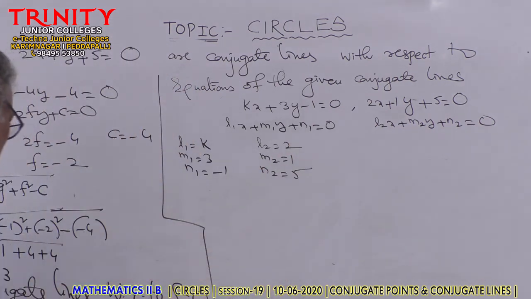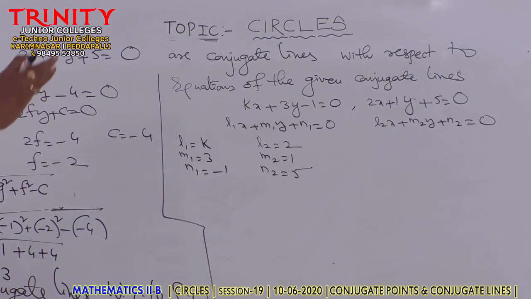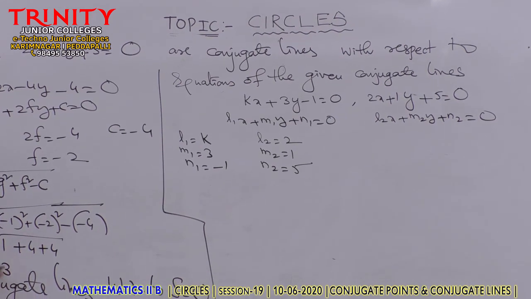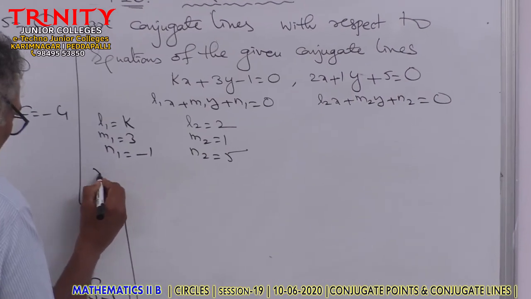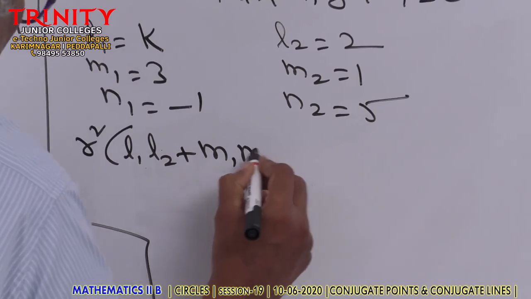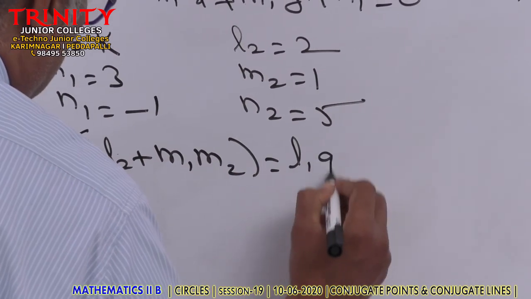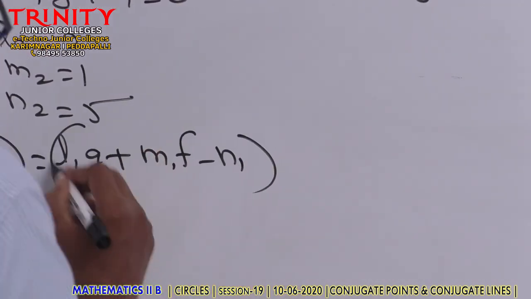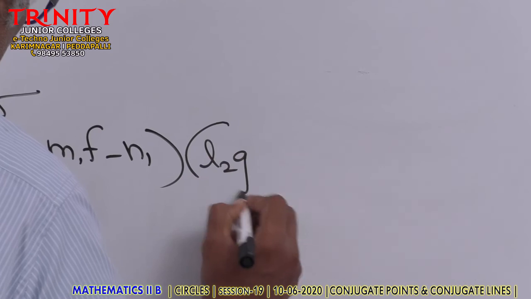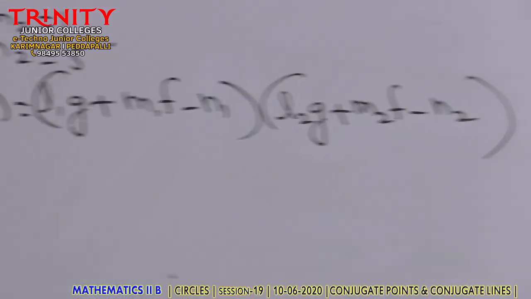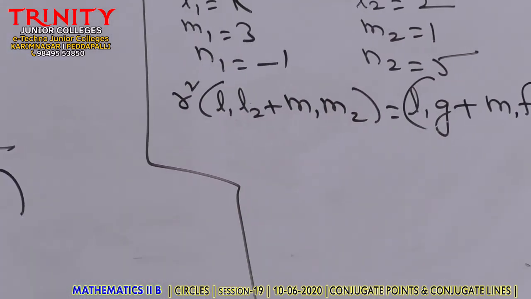Now substituting these values in this formula: r square into L1 L2 plus M1 M2 equals L1g plus M1f minus N1 into L2g plus M2f minus N2. What is the value of r? 3. Okay, r square, value of r is 3.